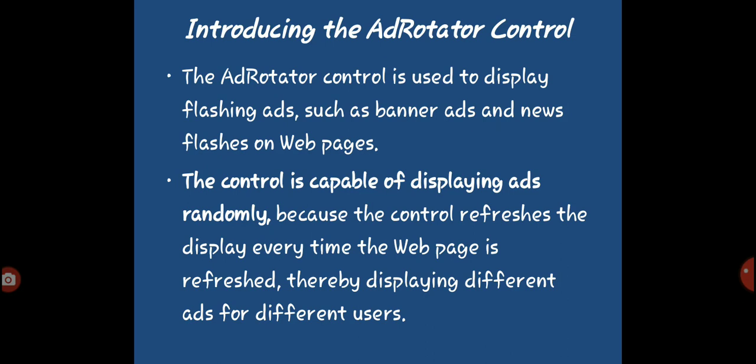So how many times you want the advertisement to appear, that many times it can appear on the screen. We can set the timing and the frequency of the advertisement also. These are the specialities of the ad rotator control. This control is capable of displaying ads randomly.